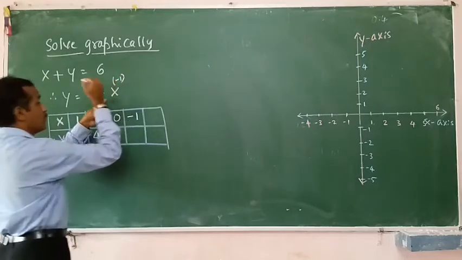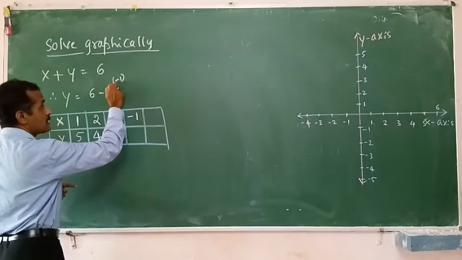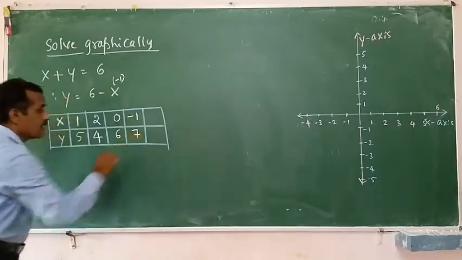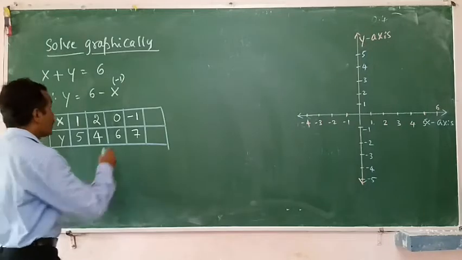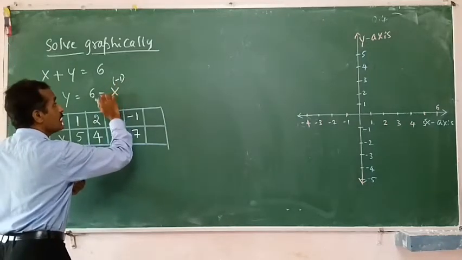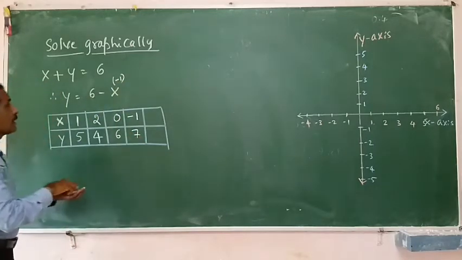If you put minus 1, minus of minus is plus. 6 plus 1 is equal to 7. Once again, x is equal to minus 1, minus of minus is plus, 6 plus 1 is equal to 7.